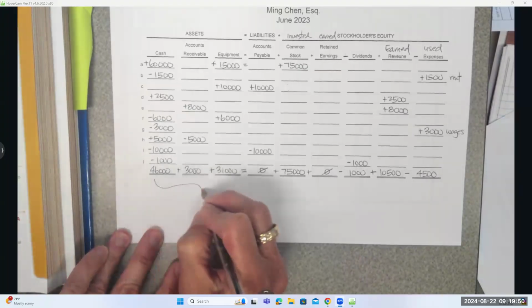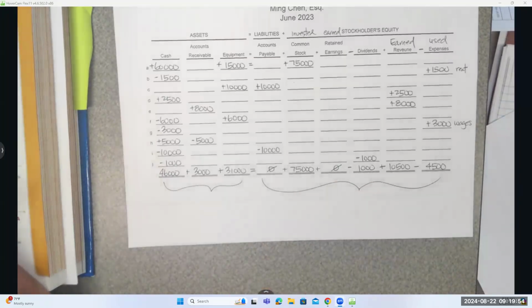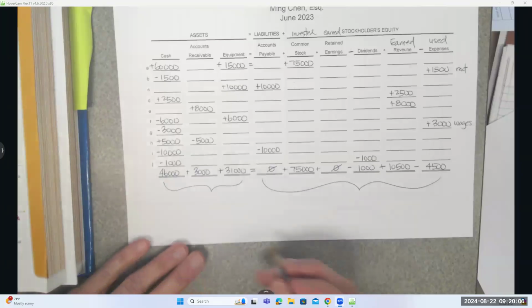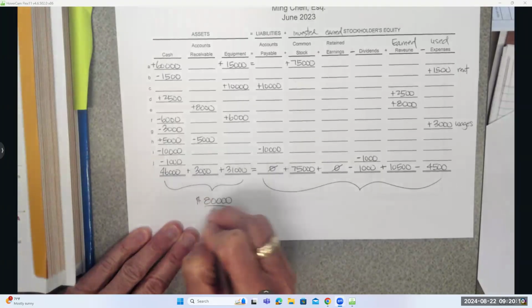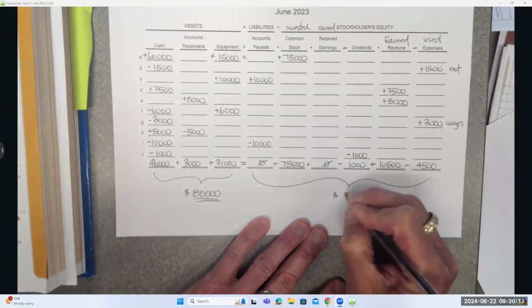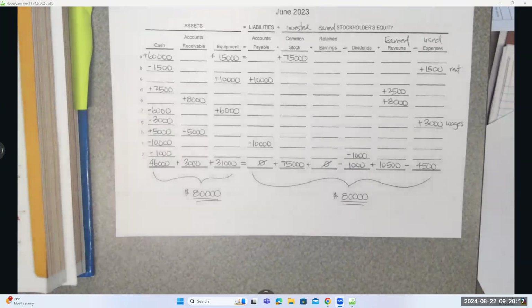Now let's see, does the left side equal the right side? I get 80,000 on the left and 80,000 on the right of the equal sign. So we do balance.